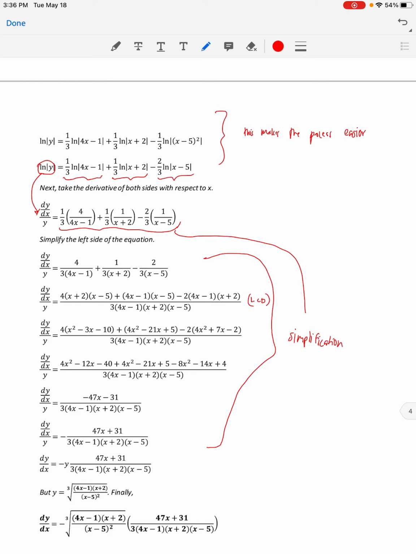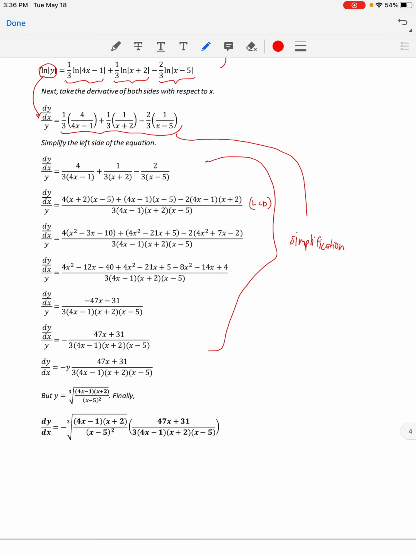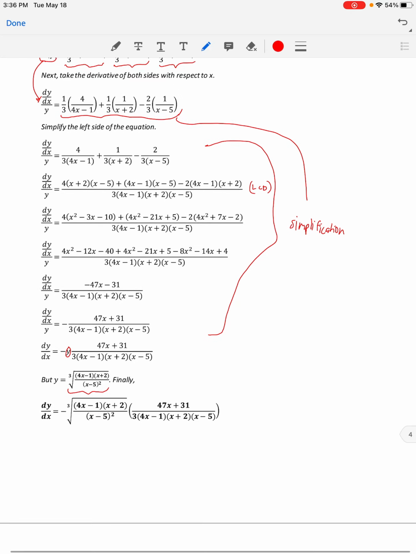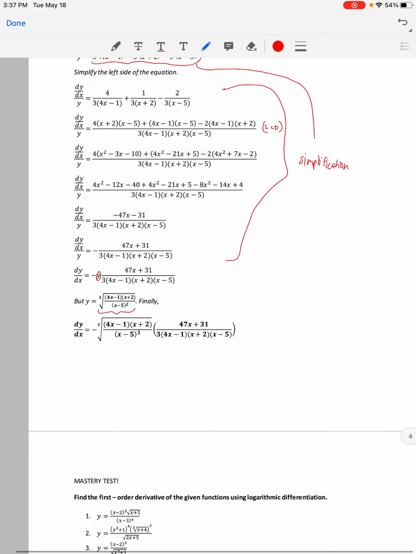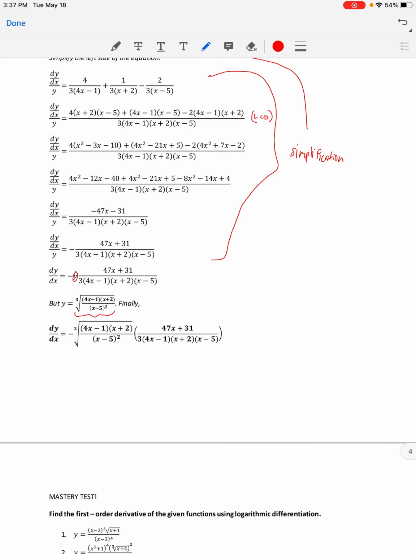So this is what happens. Then naa tay ibalik, na-multiply na to ang y, so kailangan nato ibalik ang tibuok expression sa y. Then mao na ni siya ang final answer.